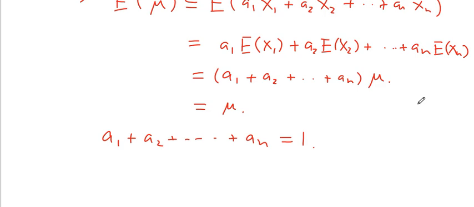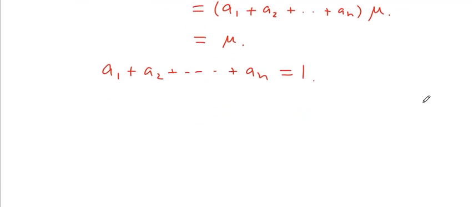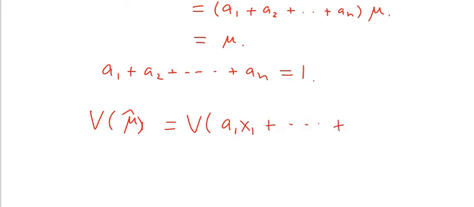Then let's check the variance. What is the variance for mu hat? The variance for mu hat is the variance of a1 x1 plus up to an xn, right? For variance, we have this formula.